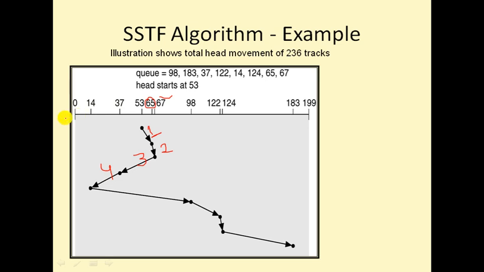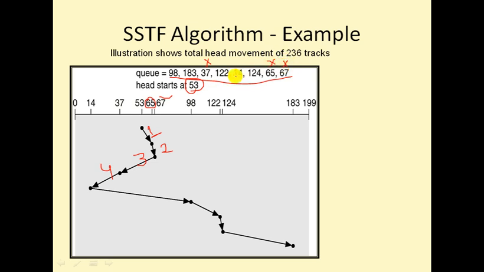From 14, in this direction there is no track number available in the queue. If you observe the queue, there is no track number from 14 towards 0. Now we have to move in this direction, towards the right. 37 is already visited, 53 is the starting position, and 65 and 67 are already visited.